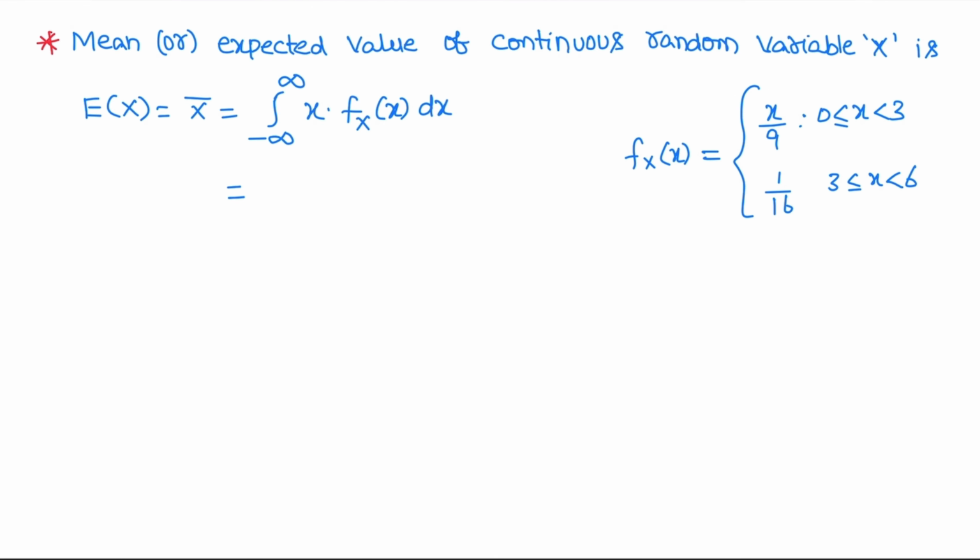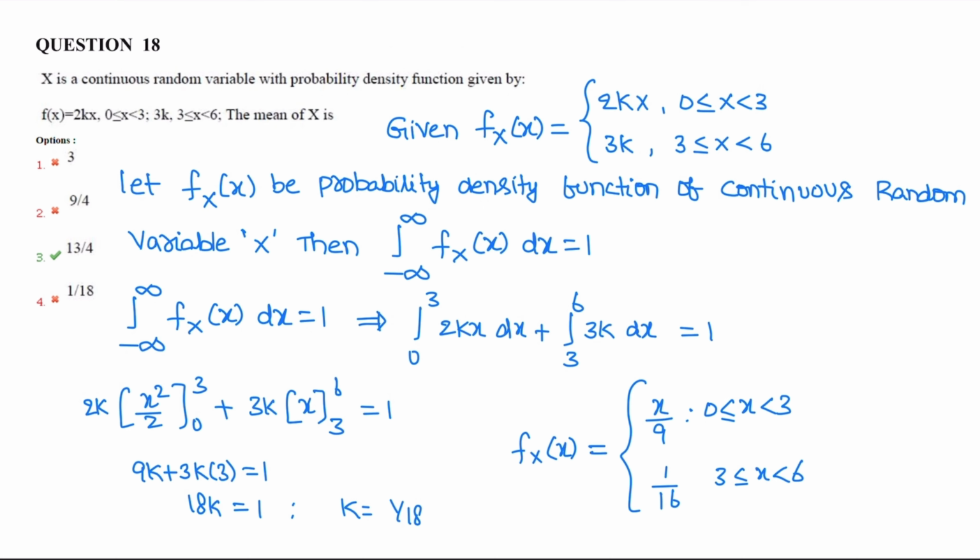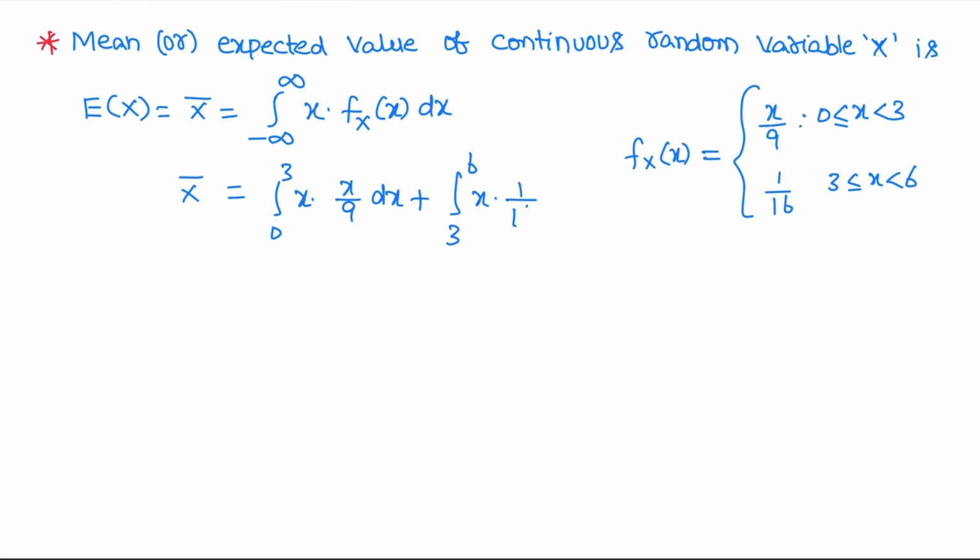So substitute: x bar is equal to integral 0 to 3 of x into x by 9 dx plus integral 3 to 6 of x into 1 by 6 dx.